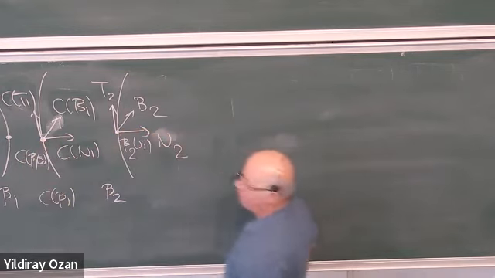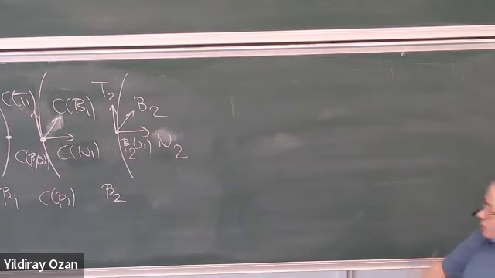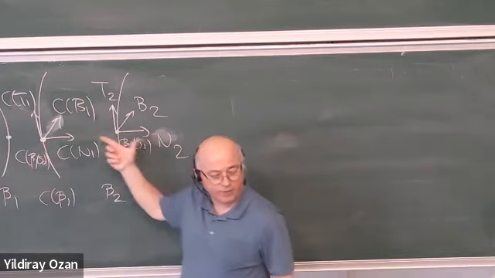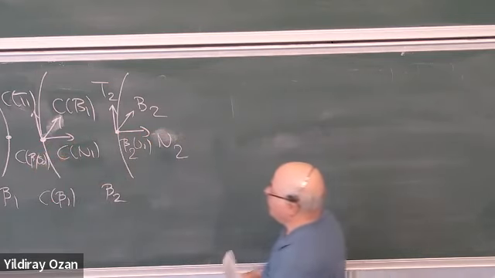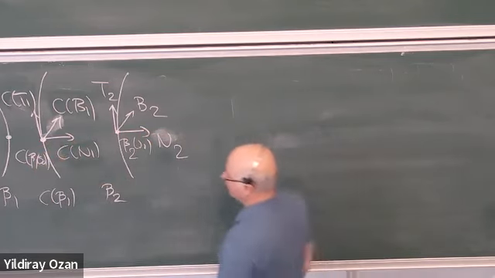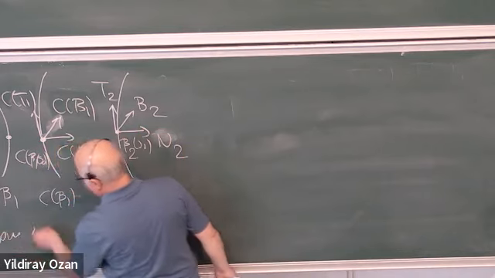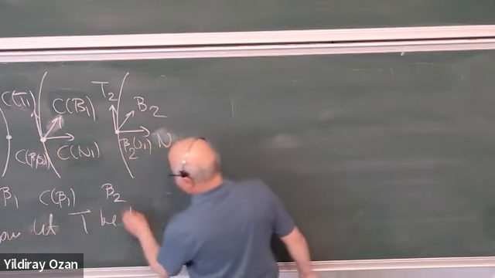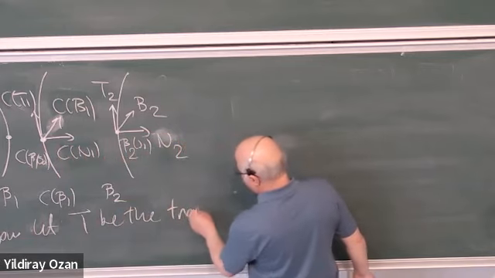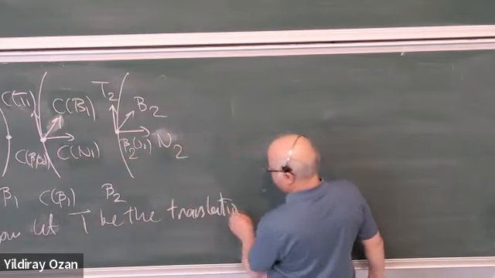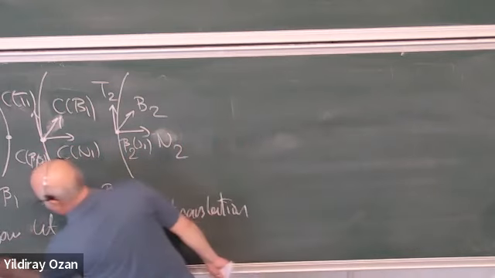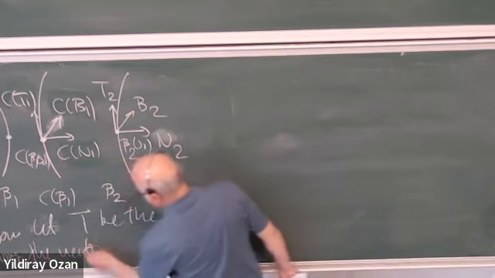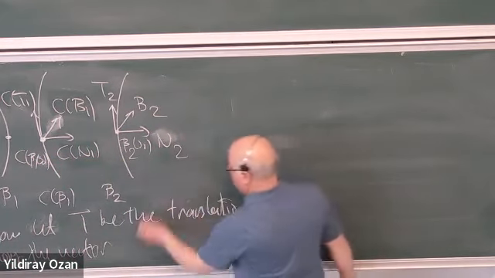This point, after the rotation. But the frames are now the same, okay? And then we do what? Now choose, let T be the translation along the vector, which vector?